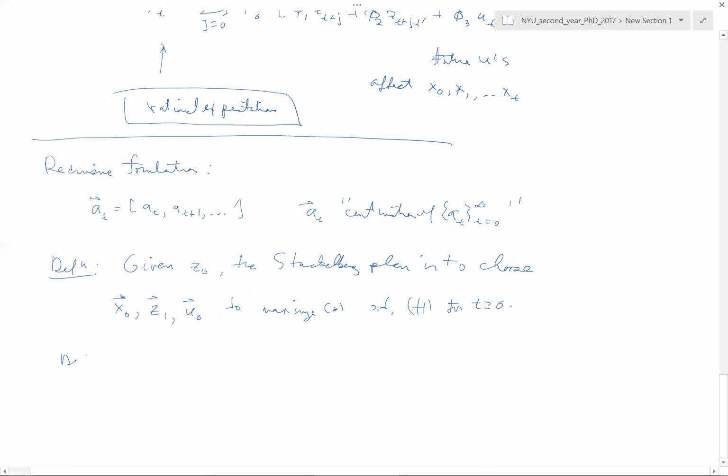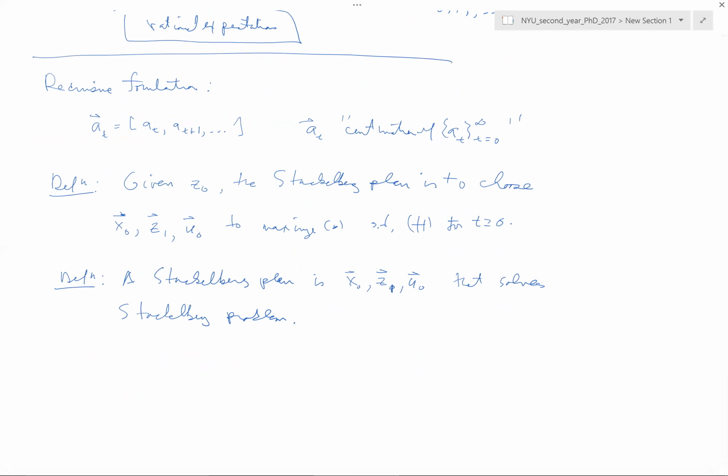So, definition, a Stackelberg plan is this z1 that solves the Stackelberg problem. Okay. So now what we're going to do is formulate this problem recursively. So we're going to have two Bellman equations.